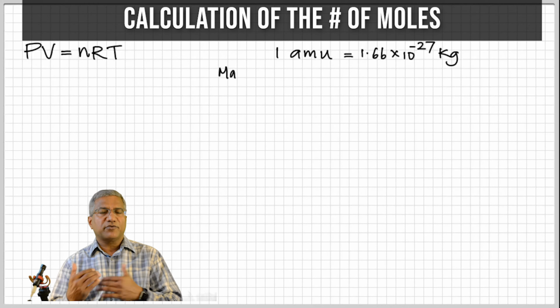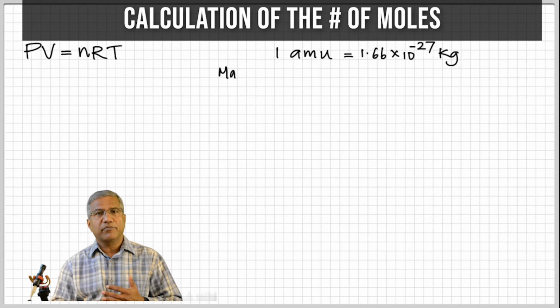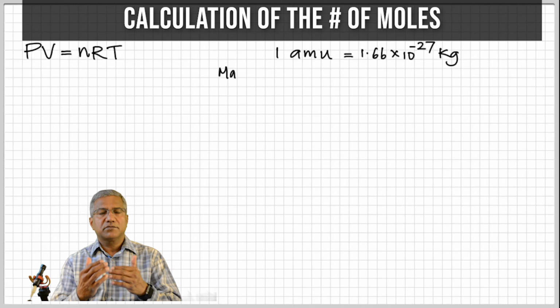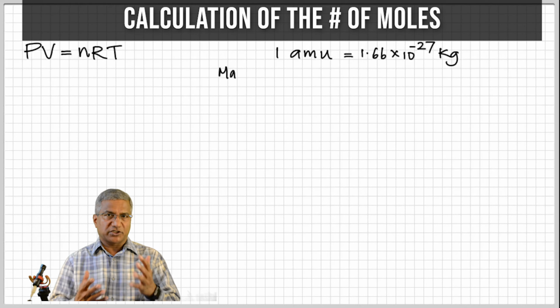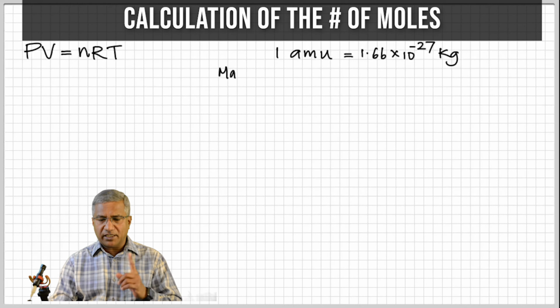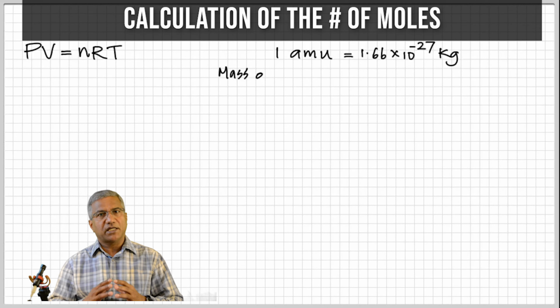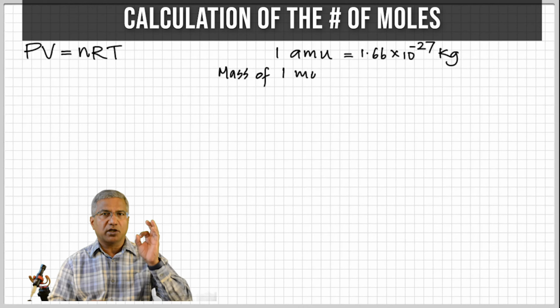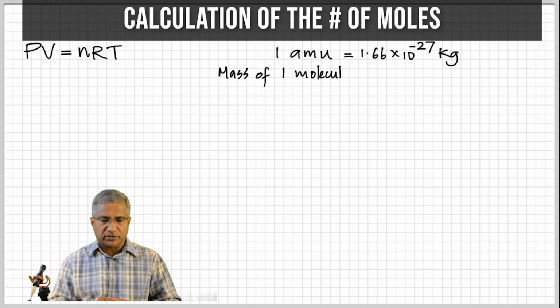Here there are two different types of materials that could be used. The lighter one is helium, and the heavier one is nitrogen. So we're going to use the heavier one, which is nitrogen, and it has a mass of 28. So 28 atomic mass unit. That's the mass of one molecule of nitrogen.